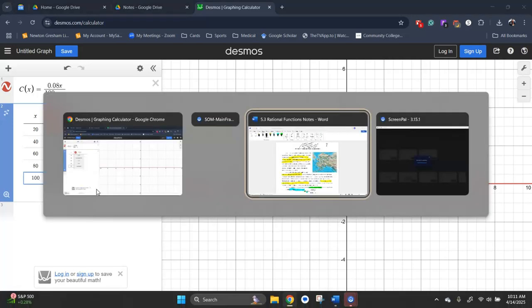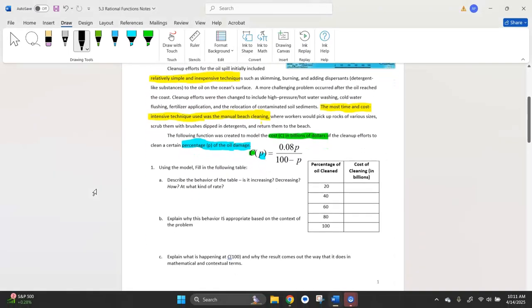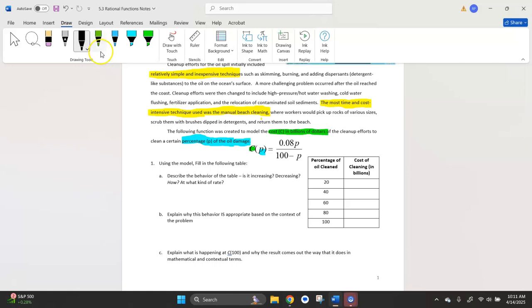Filling in this table, we can round our outputs to 2 decimal places to make it easier: 0.02, 0.05, 0.12, 0.32, and then for 100% we end up with undefined.